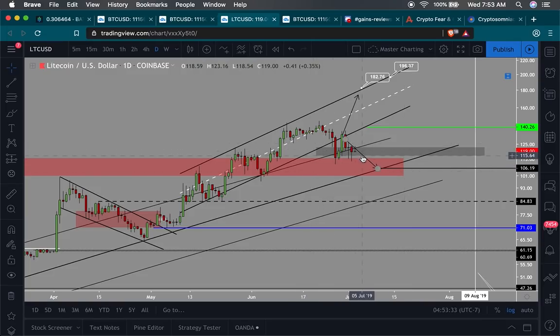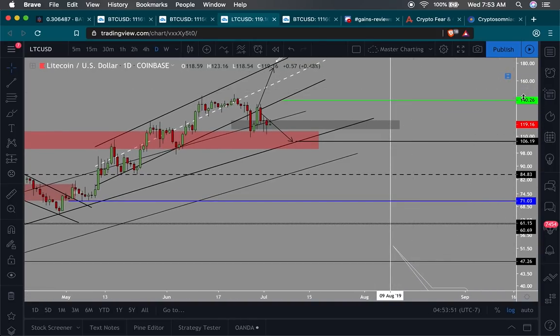I would say that LTC has a high possibility of going towards 140, and then if it reaches back up in this channel, it could go as high as anywhere between 180 and closer to $200. Again, that halving is coming close for LTC, so do be careful.